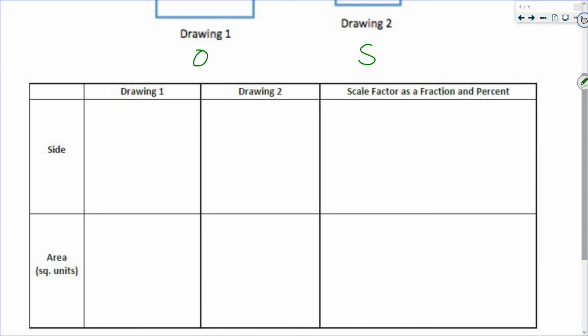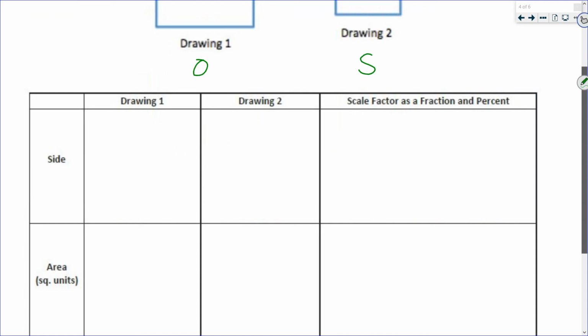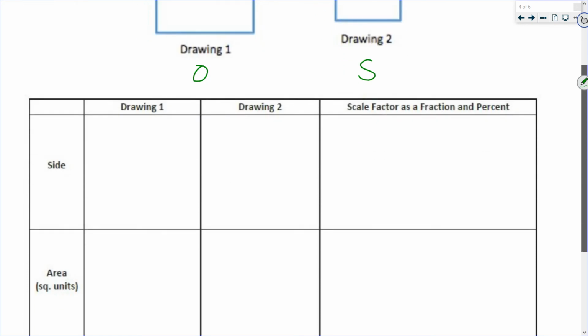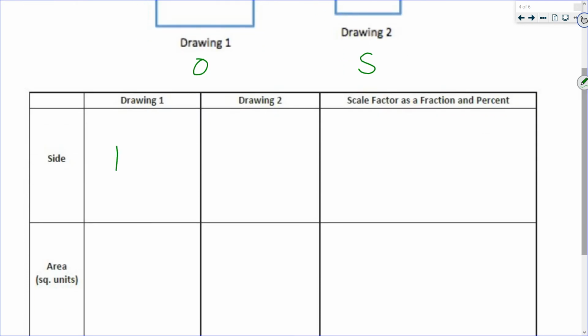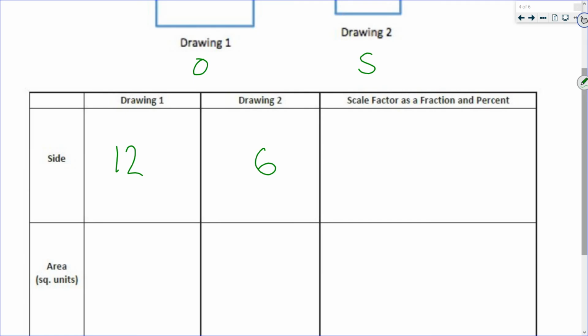So the scale factor would be the scale over the original, or 6 over 12, which would be 1/2. That would also be known as 50%.